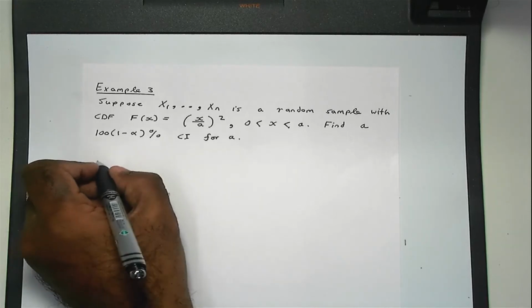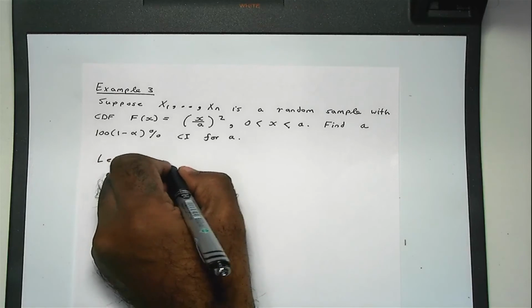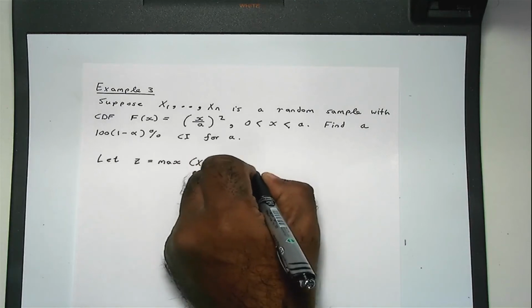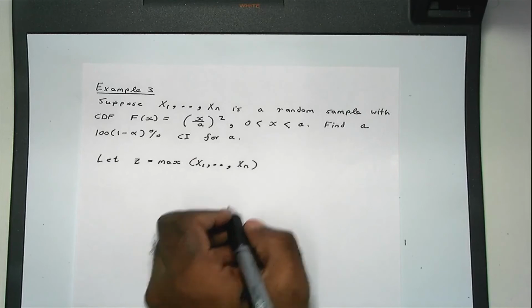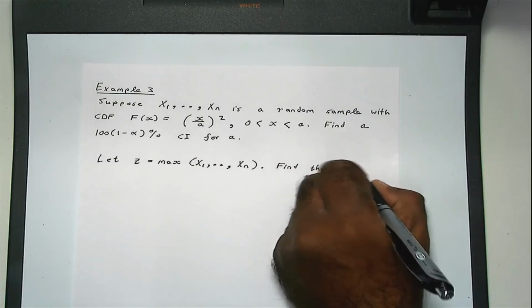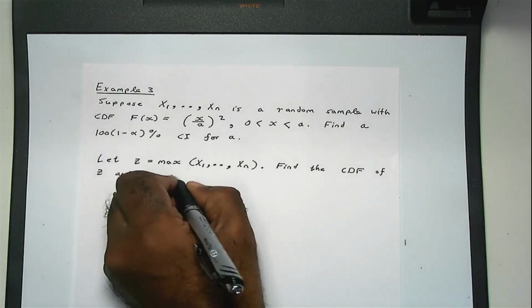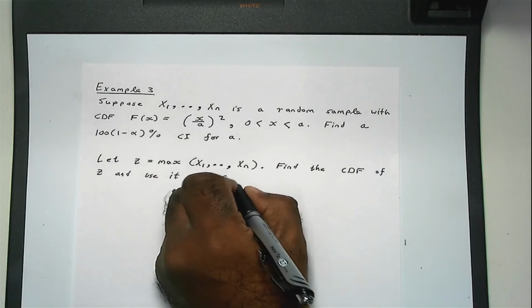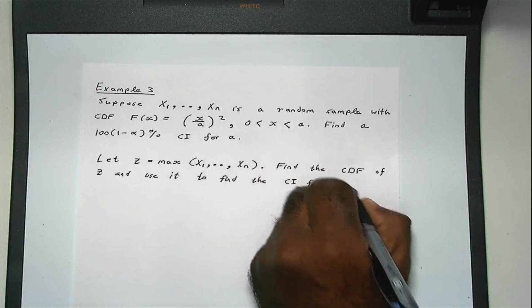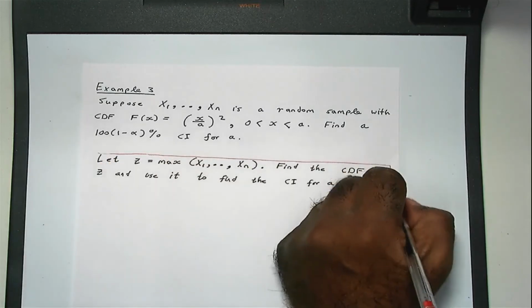Let Z equal the max of X1 to Xn, find the CDF of Z and use it to find the confidence interval for A. This is the hint I will give you if I were to ask a similar question in the exam or one of the tests.